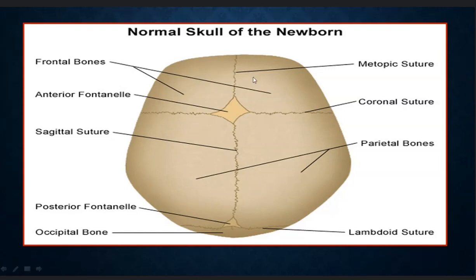Normally the newborn has two frontal bones, but they are fused later on to give us one frontal bone. And we have the coronal suture between the two frontal bones and two parietal bones. And we have the sagittal suture between the two parietal bones.